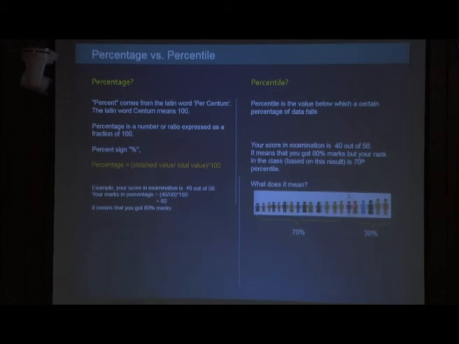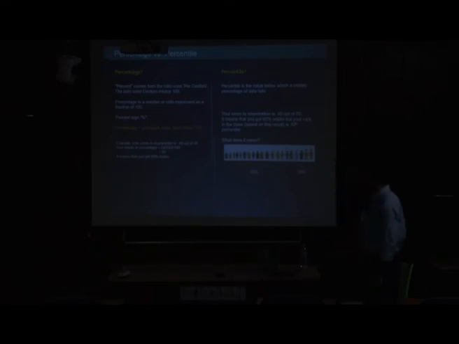For example, if we ask all the students to stand in a queue in ascending order of their height, and consider your height, say 170 centimeter, such that your percentile value is the 70th percentile.